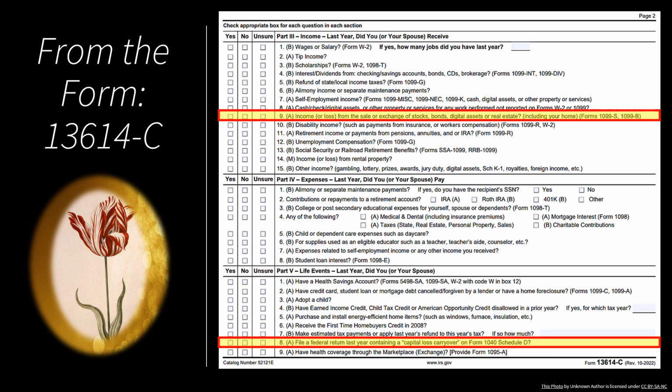And then under life events, it's important to note there's a question under there. Question 8 says, did the taxpayer file a federal return last year containing a capital loss carryover on Form 1040 Schedule D? So we're going to talk a little bit about those capital loss carryovers in some slides down the way, and what that means for this return, what it might mean for future returns, and why we need the previous return.